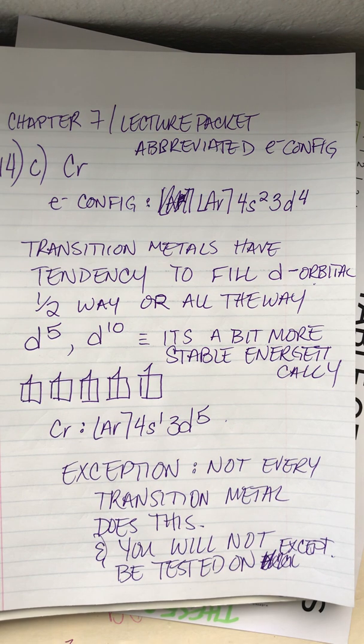Like I said, there are some transition metals that do this and others that don't. So it really comes down to calculating the energies of these electron transitions, which is a very complex process, not something that we need to do. And so there are a lot of exceptions to this, which is why, again, you won't be tested on that. Got it. Thank you. Yeah, absolutely.